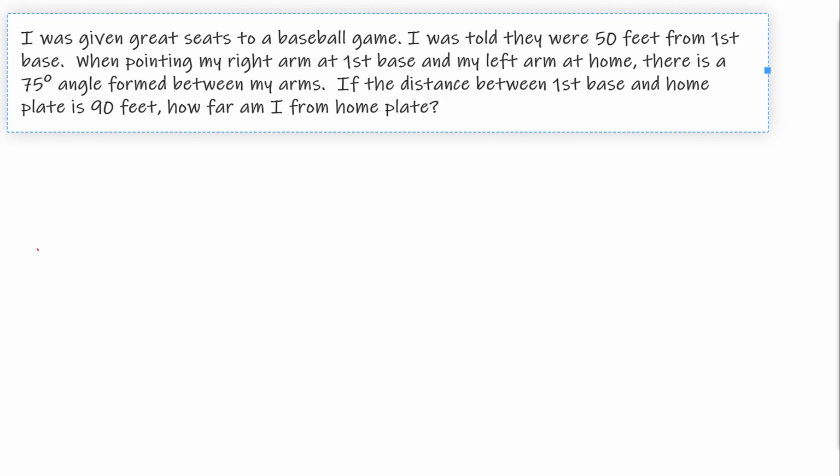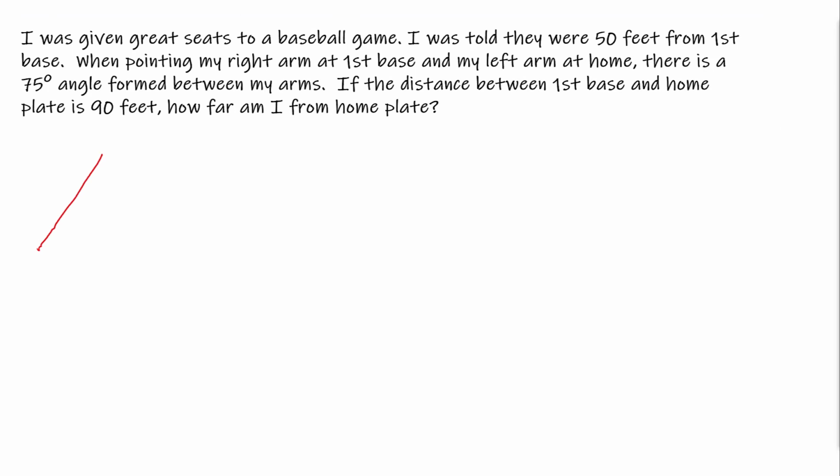Now, just with what we're given, we got home plate, we got first base. I'm not quite sure if I'm 50 feet this direction or if I'm 50 feet if it's a right triangle, or maybe I'm somewhere between them. So I don't know exactly, but that's okay. We can work with that. So let's start off.